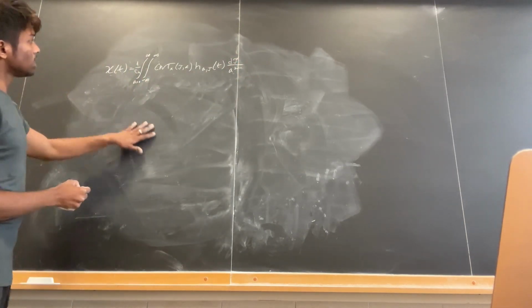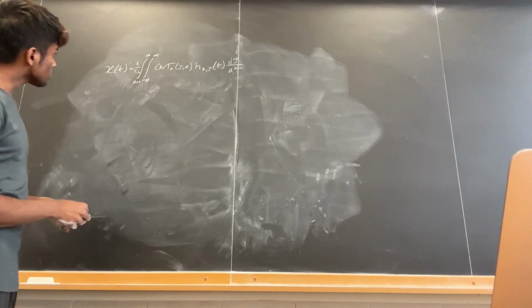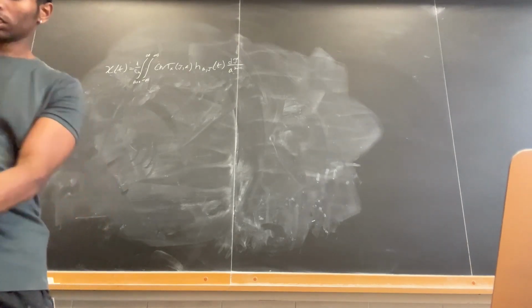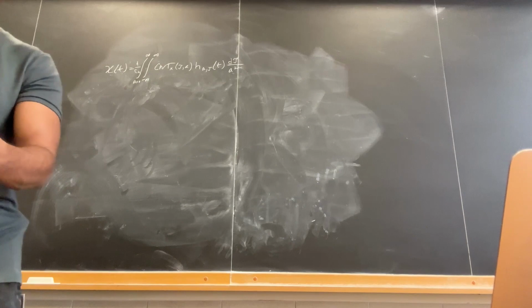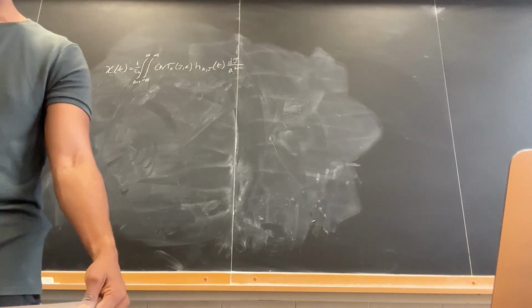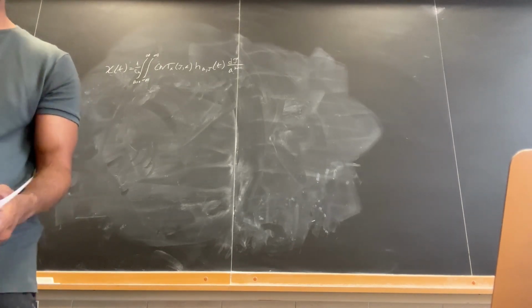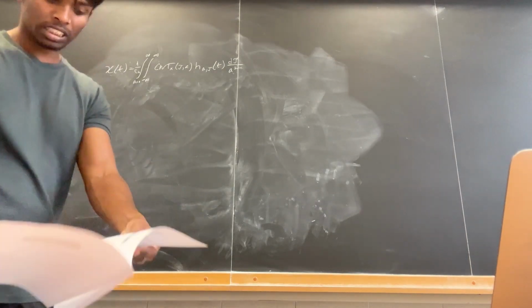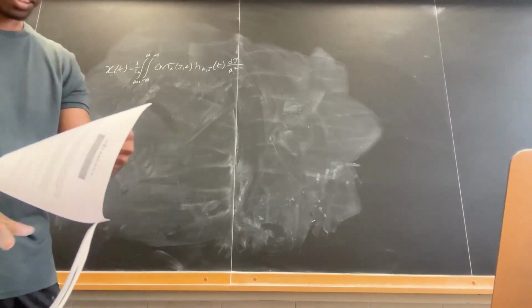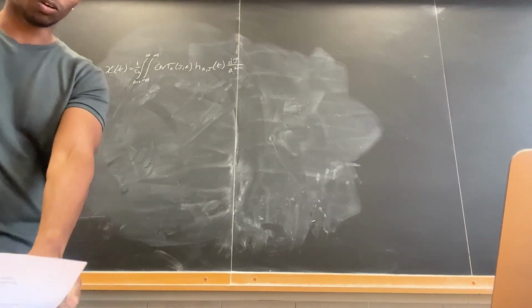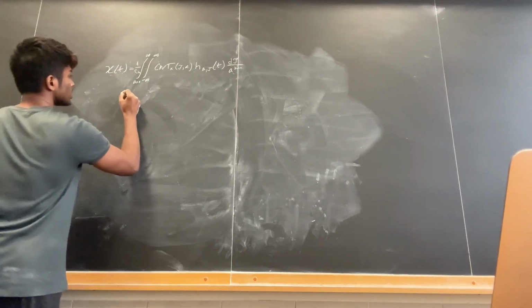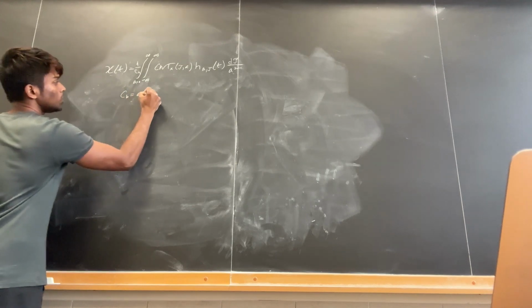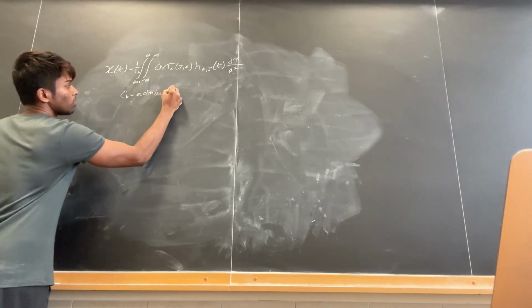So this is the synthesis formula, and in this synthesis formula there is a particular constant, that is 1 by Ch, where Ch is the admissibility constant.